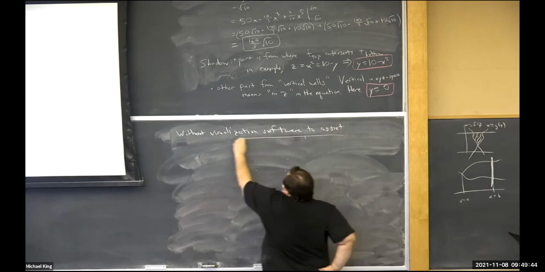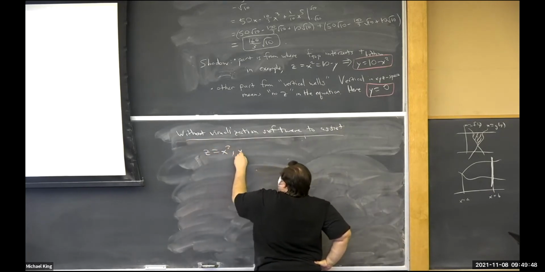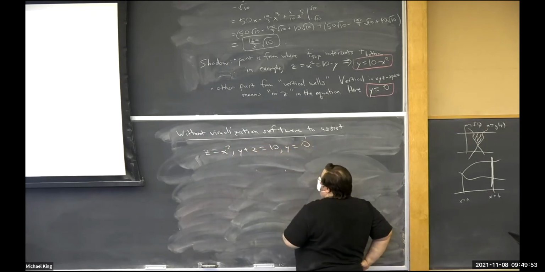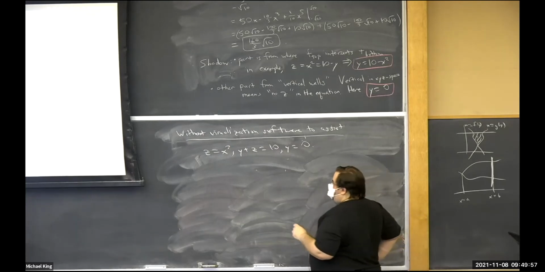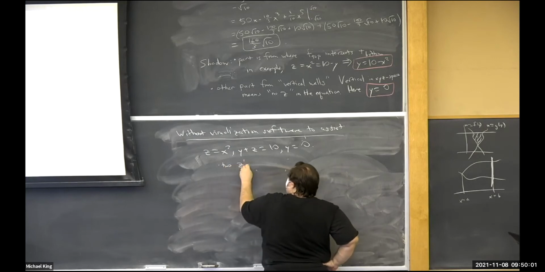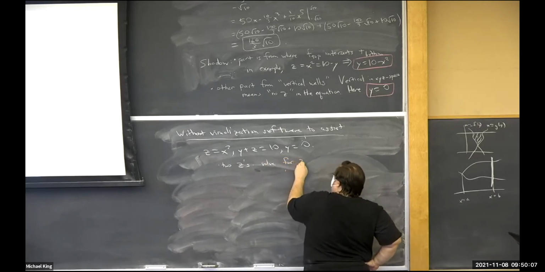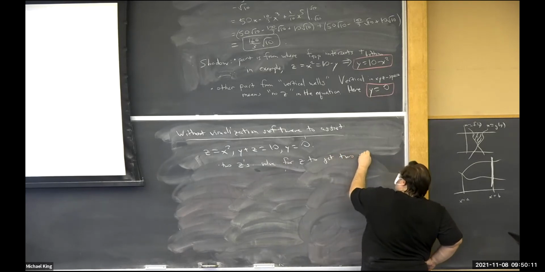the point is that we had Z equals X squared, Y plus Z equals 10, Y equals 0. Notice there are two Z's. We solve for Z to get the two functions, the two surfaces which form the top and bottom.